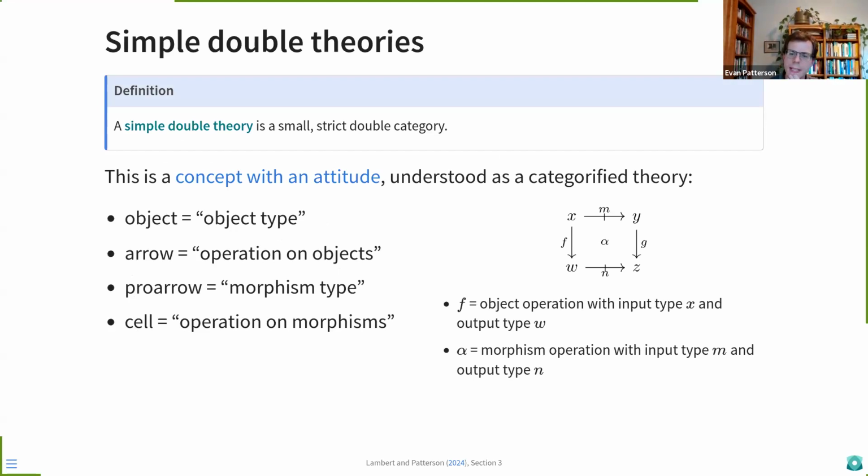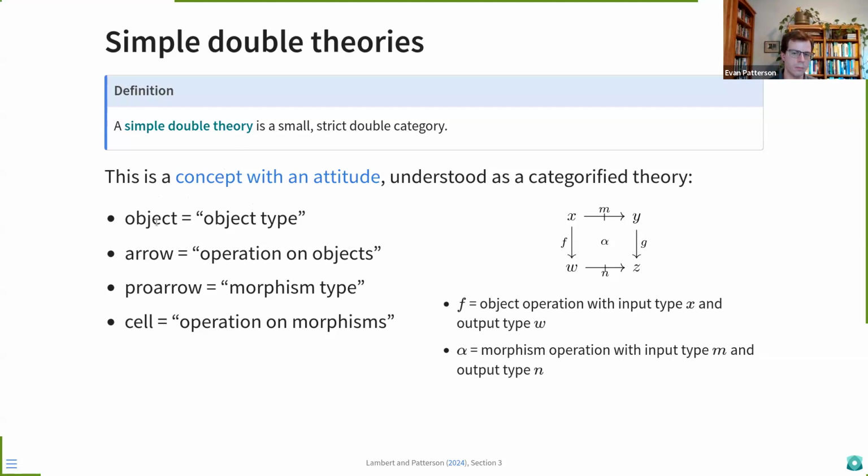And the intuition that I like to have go along with this is that this is a sort of categorified or two-dimensional theory. So in particular, what's going on with objects and arrows are the same sorts of intuitions that you ought to have from categorical logic. So like the objects are types, but now there are two kinds of things. There are objects and morphisms.